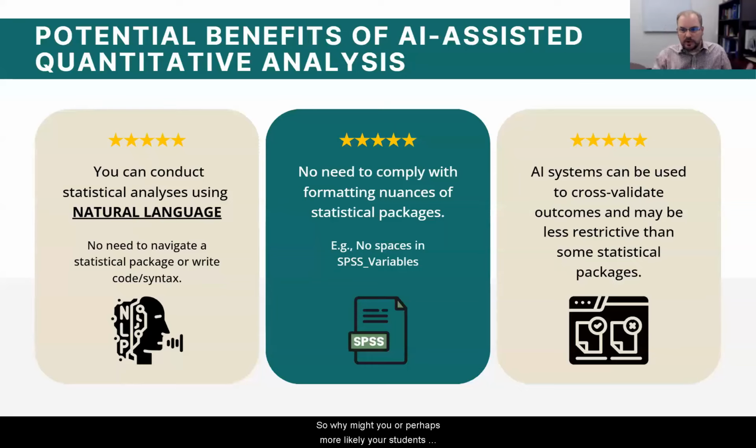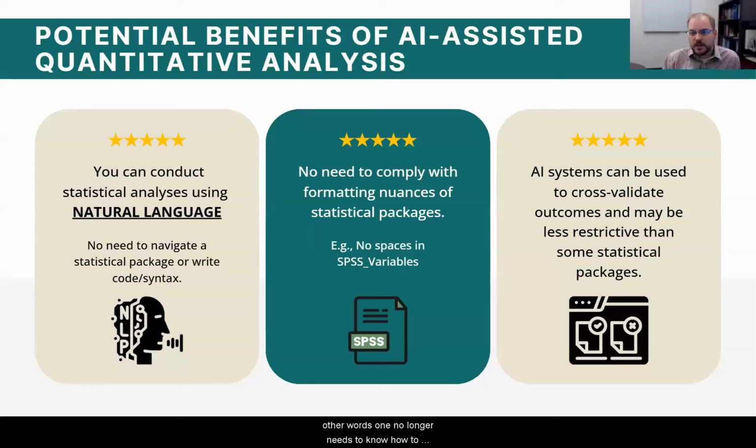So why might you, or perhaps more likely your students, want to use AI for quantitative data analysis? Here are 3 reasons that I came up with. Firstly, AI systems allow you to conduct statistical analyses using natural language.